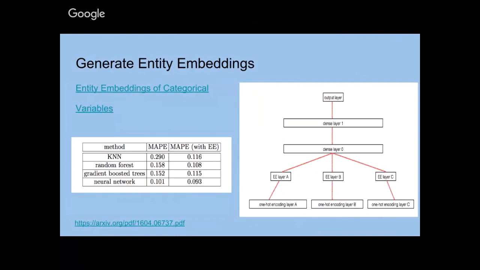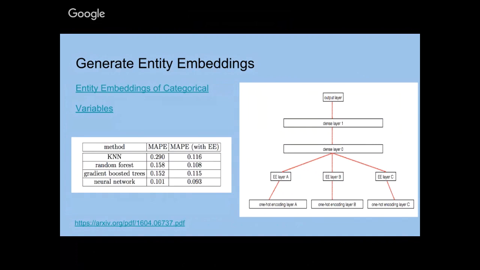In this paper, what they're doing is creating new embeddings instead of one-hot embeddings, because it improves performance on most of the machine learning classifiers. Here you can see the results that he showed.